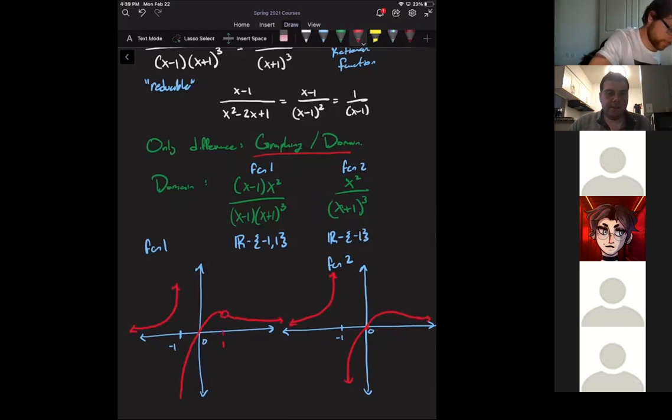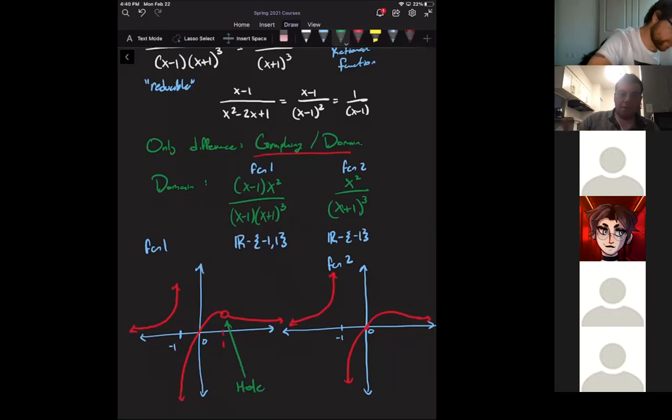Everyone's going to end up watching a whole bunch of videos on how to graph these functions, and you'll understand why it looks something like the way it does. But the thing to focus on right now is that the graph of function 1 has what we call a hole. It's a point that could be evaluated, maybe it should be evaluated, but if we plugged it into this function, we'd get that it's undefined.